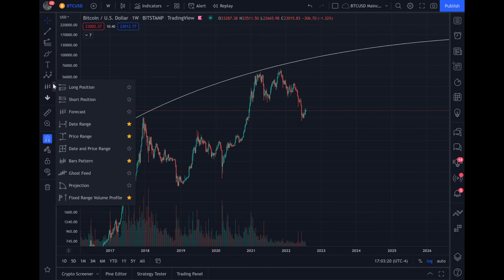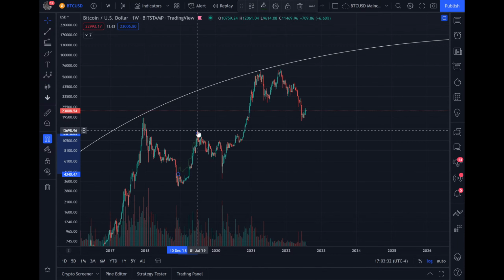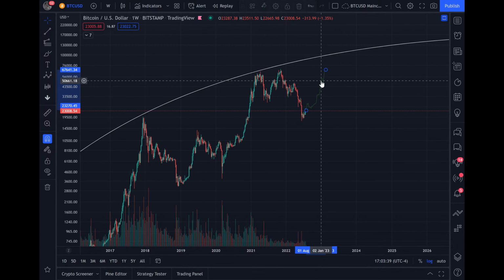Let's try the ghost feed. Or is it bars pattern? Not exactly sure. I don't use it too often. I think it's the bars pattern. Yeah. Okay. Try the bars pattern. It's just a generic uptrend, okay?